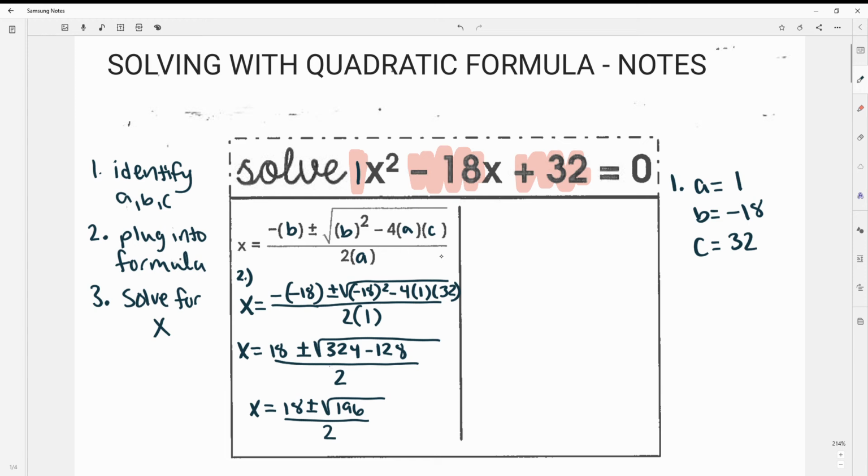I've got to figure out what the square root of 196 is. The square root of 196 is 14. So I have x equals 18 plus or minus the square root of 196, which is 14, over 2.